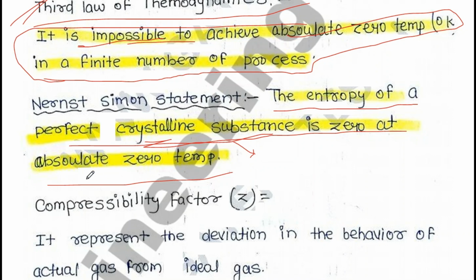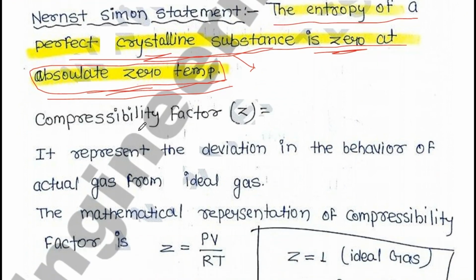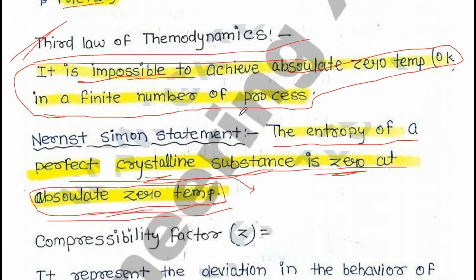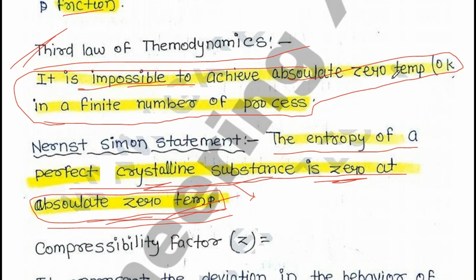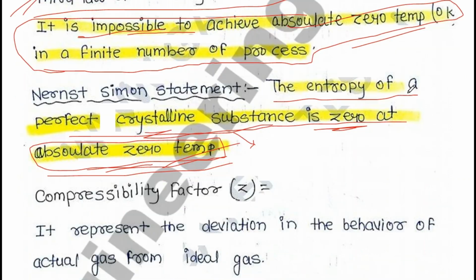There is nothing artificial; we do not create them on our own. So we take their entropy as zero at absolute zero temperature. But there is nothing like absolute zero temperature. I discussed it here.